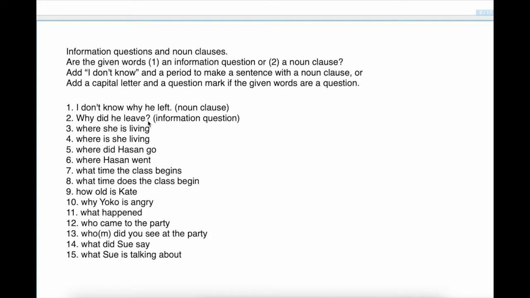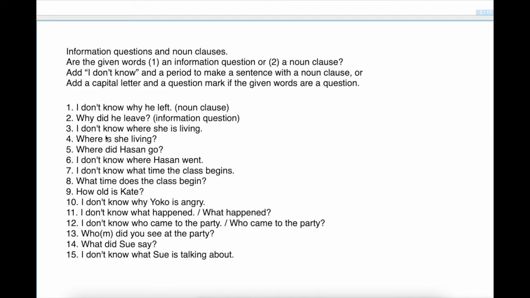Now read the given words very carefully and then just add I don't know to the noun clauses, or if it's not noun clause, just use the capital letter and then at the end question mark. But pause the video first, please.